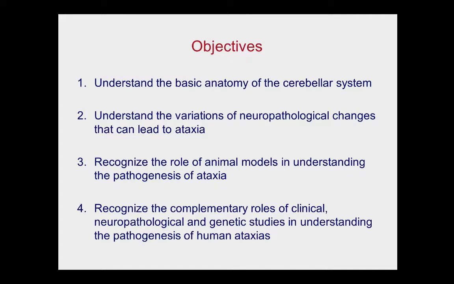So what I want to do today is go through the basic anatomy of the cerebellar system, because this is the system that falls apart in ataxia. We'll talk a little bit about the pathology that leads to ataxia, and then talk quite a bit about animal models that we've used to try to understand pathogenesis of ataxia, but also talk a bit about what we've done with clinical examinations, autopsy examinations of patients with various types of ataxia.